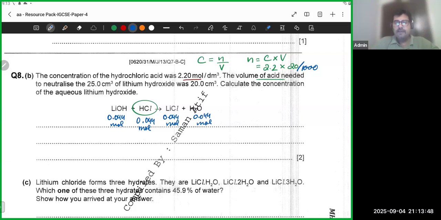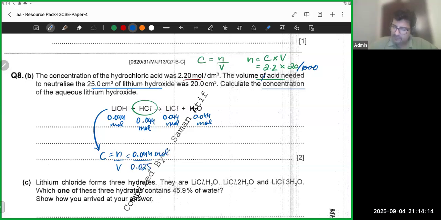Although we don't need most of these moles, what is he asking for? He's asking for the concentration of lithium hydroxide. So what is the formula for concentration? It's moles over volume. We know the moles, 0.044. The volume is also given: lithium hydroxide is 25 cm cube, which in dm cube is 0.025.